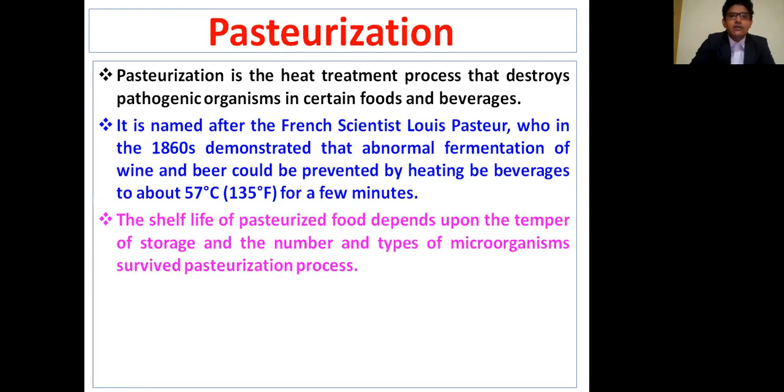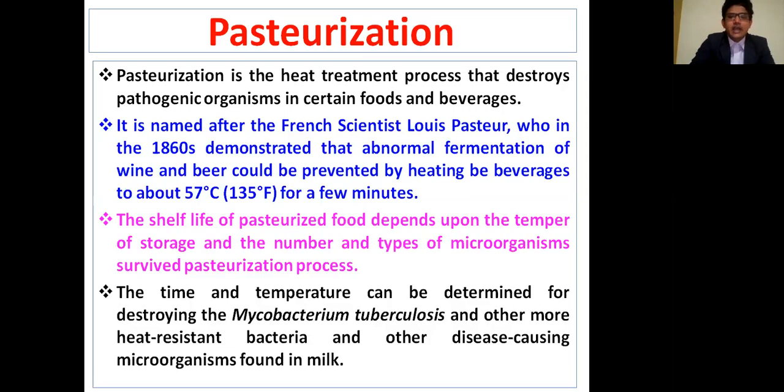The shelf life of pasteurized food depends upon the temperature of storage and the number and types of microorganisms that survived the pasteurization process. The time and temperature can be determined for destroying Mycobacterium tuberculosis and other more heat resistant bacteria and other disease causing microorganisms found in milk.